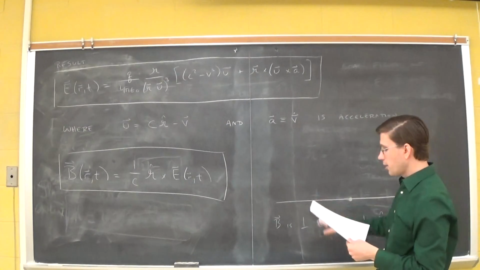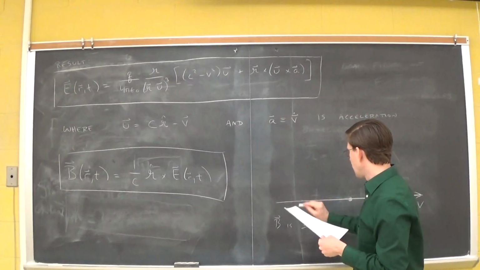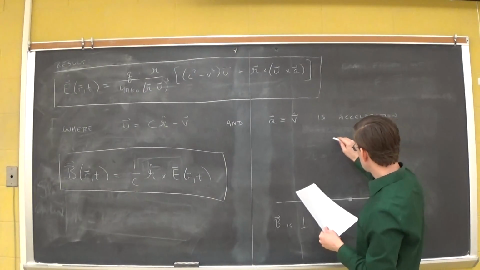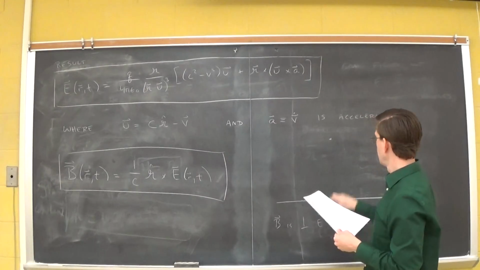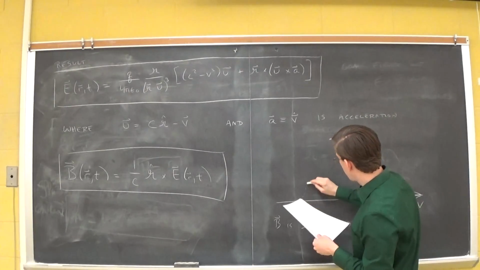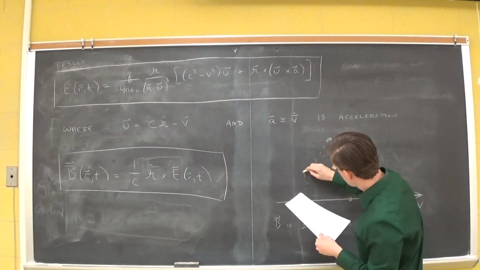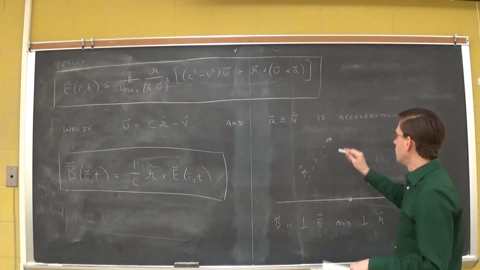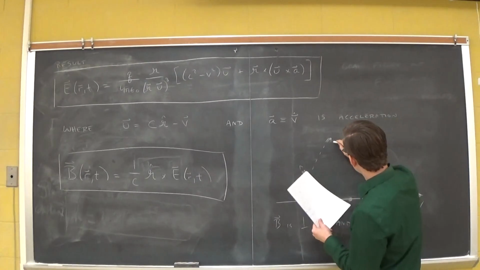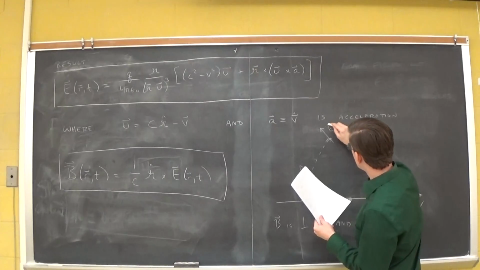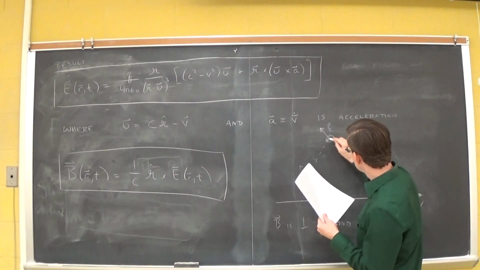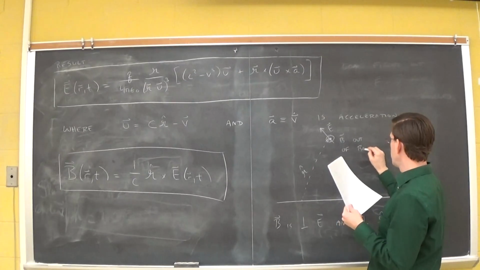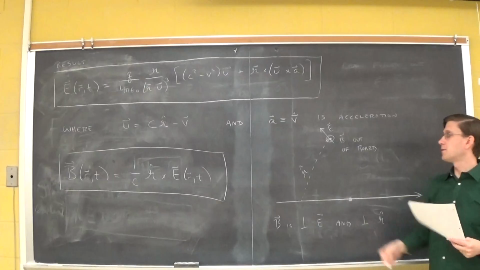Now remember, the vector curly R hat points from the point where the particle was at that earlier time to the point of interest. Your point of interest might be over here, so curly R hat points from the particle's position at this delayed time to our point of interest up here. Then the E field is perpendicular to that, and the B field, which in this case would be out of the board, is perpendicular to the E field as well.